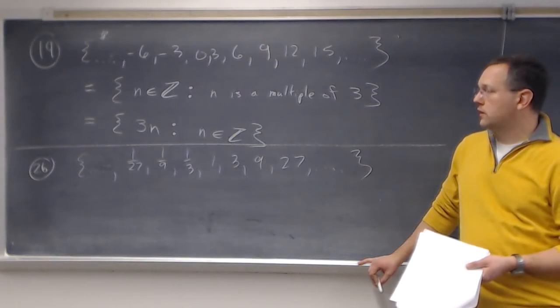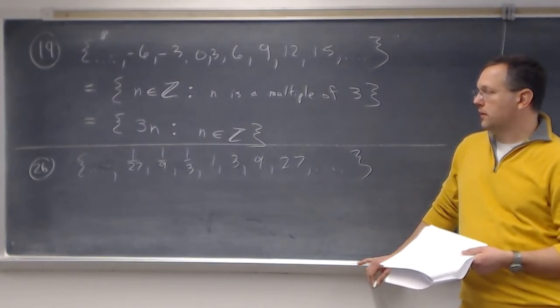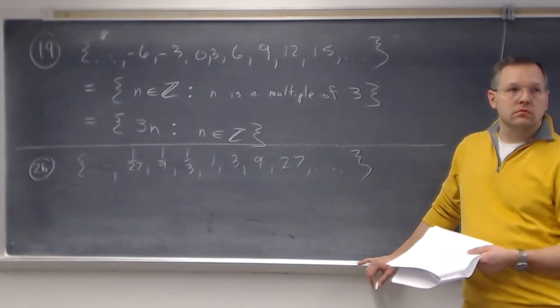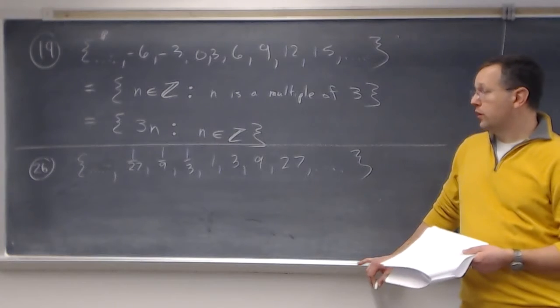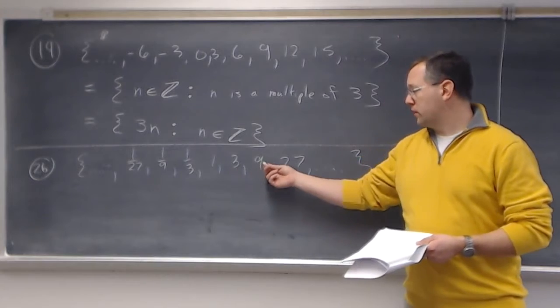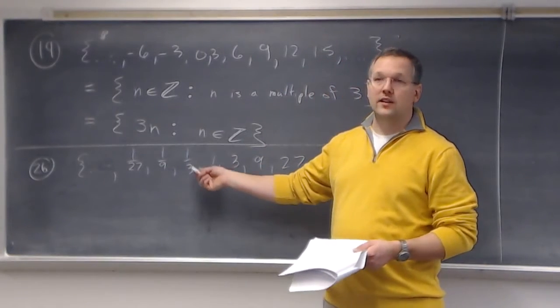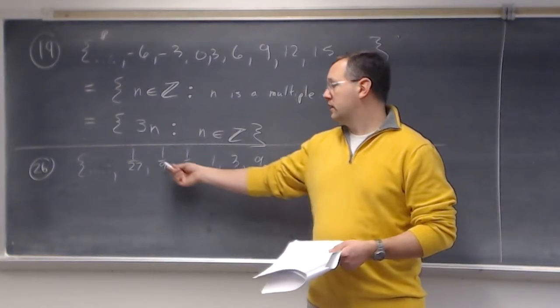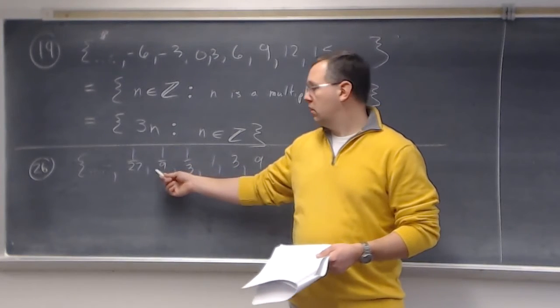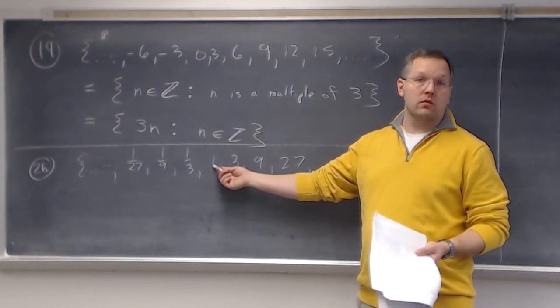How would you describe each element of this set? 3 to the x such that x is an integer. So these are all powers of 3, like 3 to the first power, 3 squared, 3 cubed, and then even these fractions: 1/3 is 3 to the minus 1 power, this is 3 to the minus 2 power, 3 to the minus 3 power, and 1 would be 3 to the 0 power.